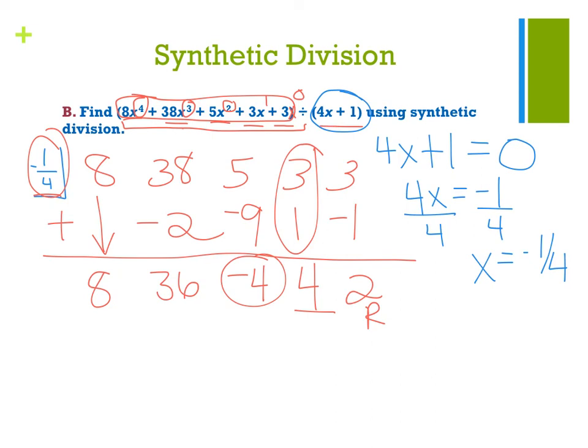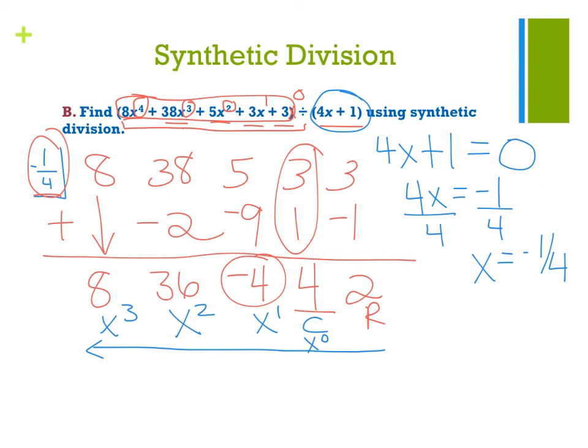And if I look at these values at the bottom of my synthetic division, they give me the coefficients of each term in my quotient. So this is my remainder, constant, x to the first, x squared, and x cubed. Remember, as we work from right to left, each term increases in degree, and our constant is always really x to the 0 power.